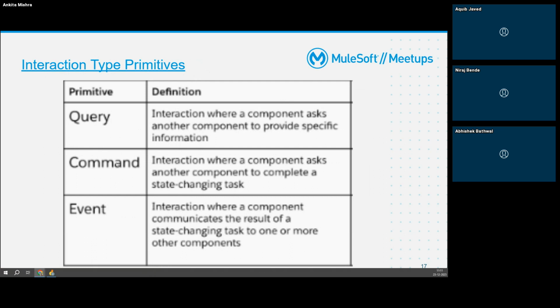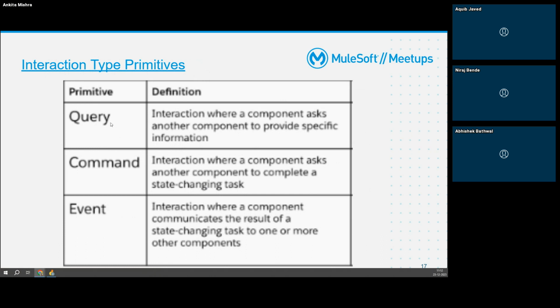Next is command. In command, the component asks another component to complete a state changing task. For example, you want to add certain data to your component, or delete certain data from your component. There you are sending a command, because behind the scenes you are actually changing the current state of that component.